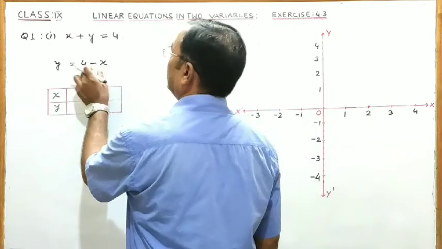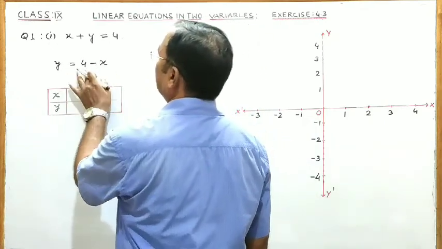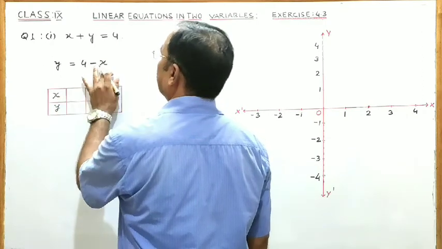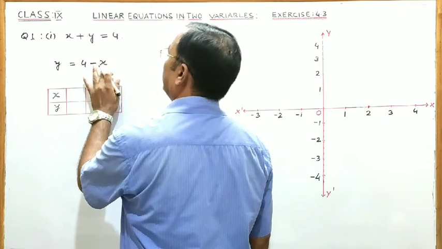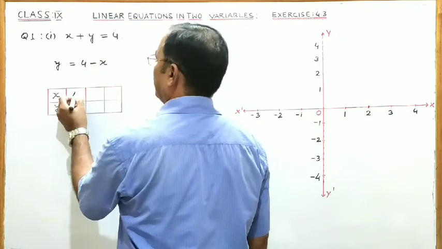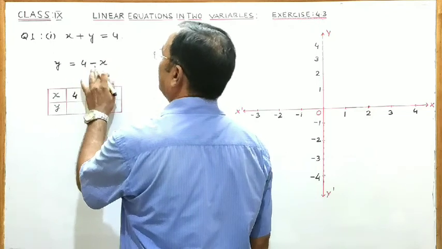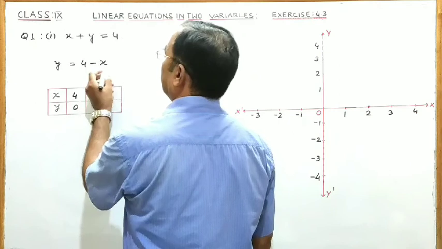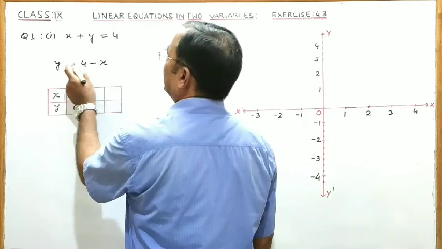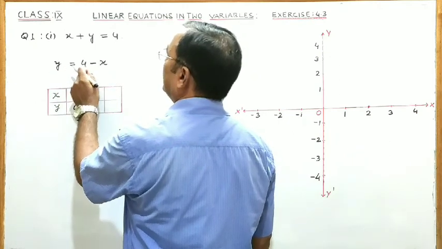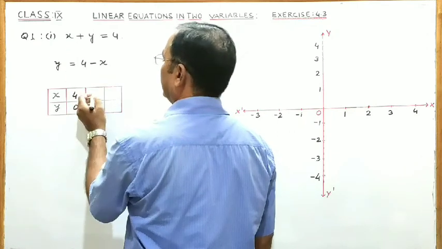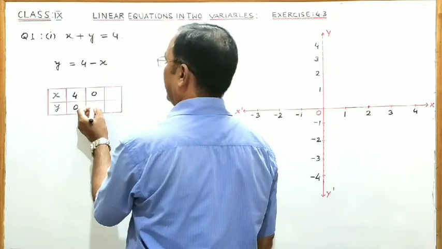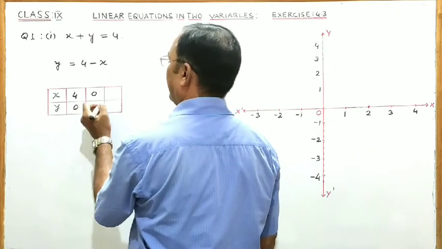Let us put first x equal to 4, then y equal to 4 minus 4, 0. If you put x equal to 0, then you find y equal to 4 minus 0, that is 4. So for x equal to 0, value of y is 4.